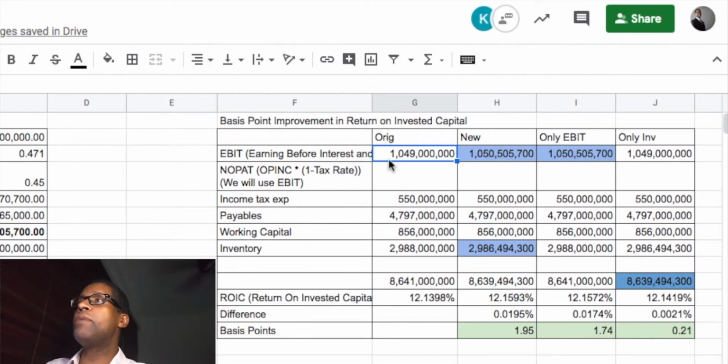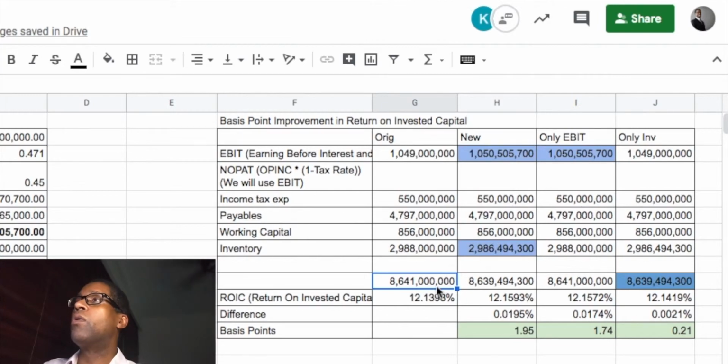We decided to take EBIT, which is on the 2017 annual report, of 1.05 billion. Then we took our actual activities that were going on in the company, which included the income tax, the payables, working capital, inventory. All that totaled up to $8.6 billion. The return on invested capital was 12%.